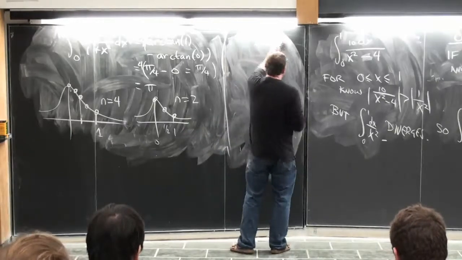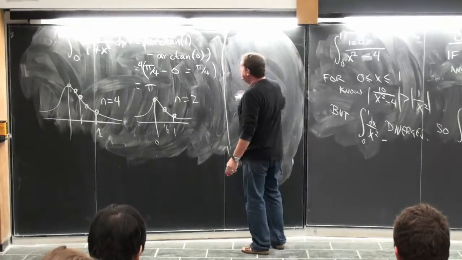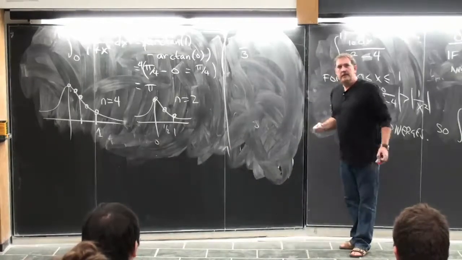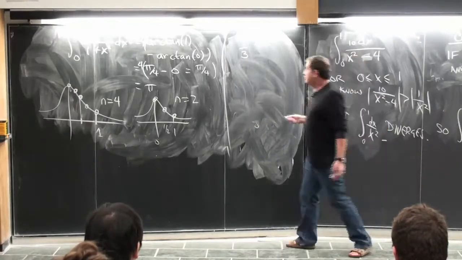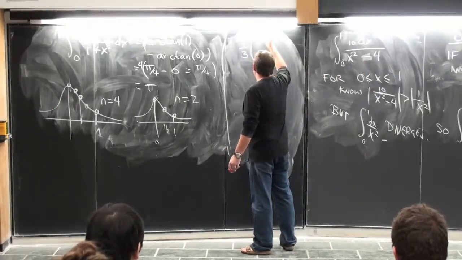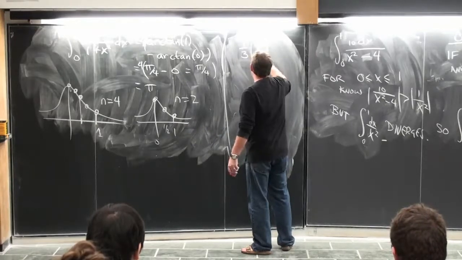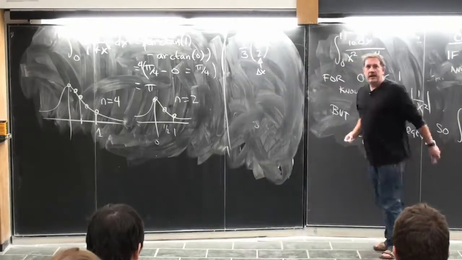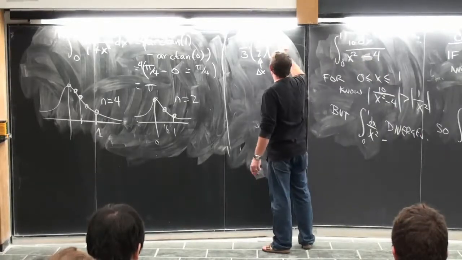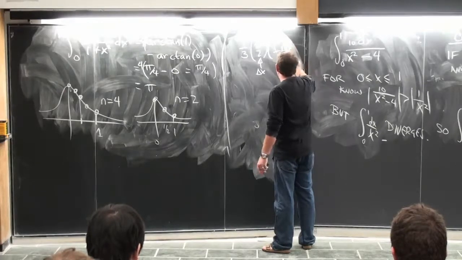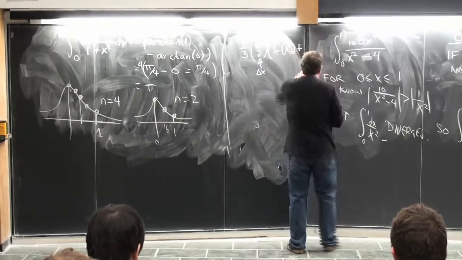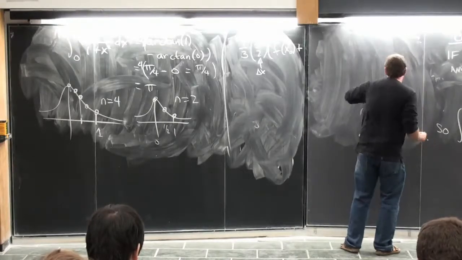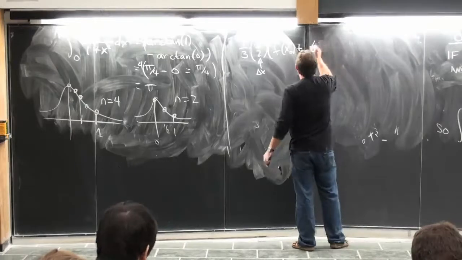Since n is 2, Simpson's rule tells us that we take 1/3, which is our averaging constant. Simpson's rule always has a 1/3. And then the width of this thing, which is 1/2. Then we evaluate our function at each of the points, with a funny averaging where the middle counts more.